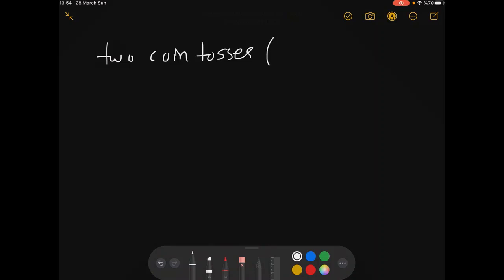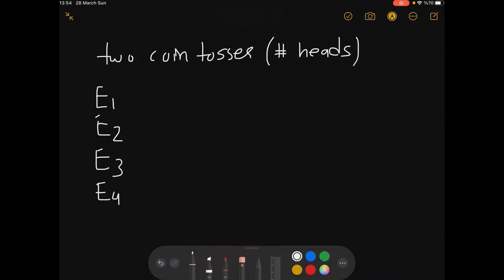Suppose that you're dealing with the number of heads in those two coin tosses, and if you want to summarize this in a table, you will have four different elements, where you will have your first coin and second coin outcomes, like tails, tails, heads, tails, tails, heads, and heads, heads. All right.